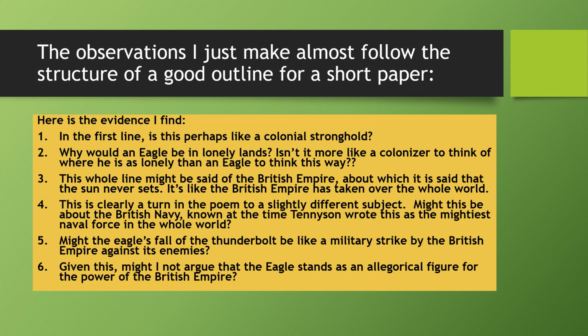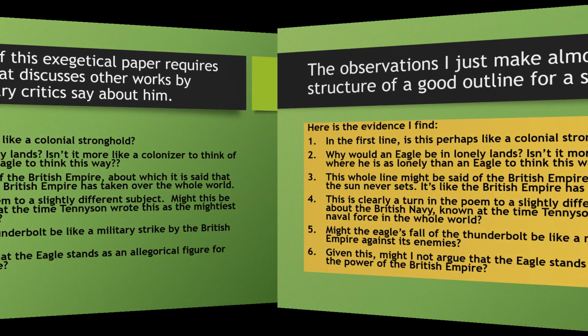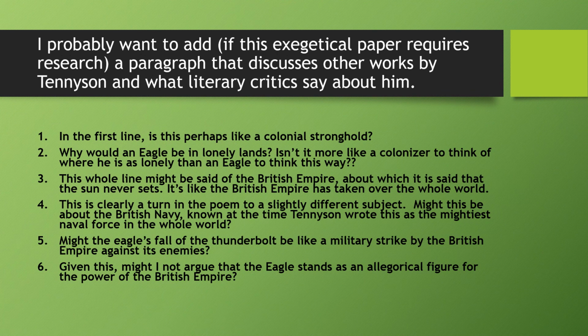So the observations I just made almost follow the structure of a good outline for a short paper. I went through it line by line, and look what I found. I found I could write something like 6 paragraphs. I probably want to add, if this exegetical paper requires research, a paragraph that discusses other works by Tennyson and what literary critics say about him.